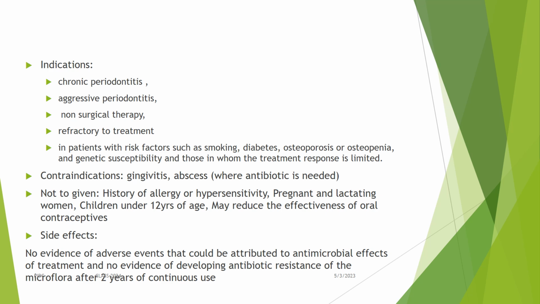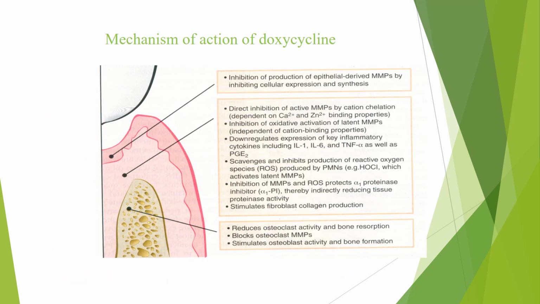So, what is the mechanism of action of this doxycycline? It has been found that it acts at three levels. The first level is the epithelium, where it inhibits the production of epithelial-derived MMPs by inhibiting cellular expression and synthesis. Next, at the connective tissue level, there is again inhibition of MMPs, inhibition of oxidative activation of latent MMPs, and decreased inflammatory cytokines.